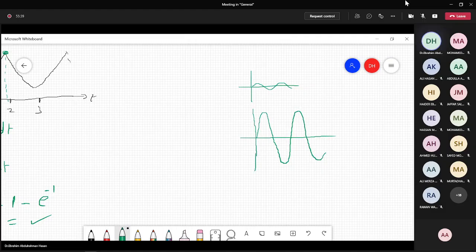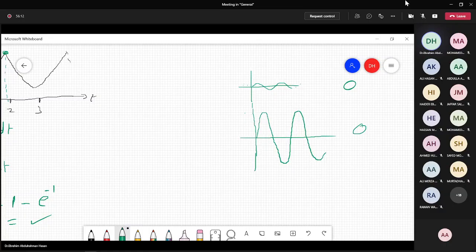What is the average value here? Zero. Here, the same thing. Okay, how to differentiate between the two? Is it reasonable that these two are the same? This is zero and this is zero. Okay, the average value is not enough.